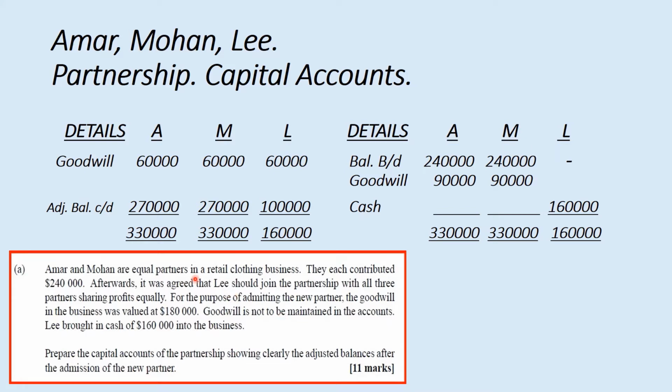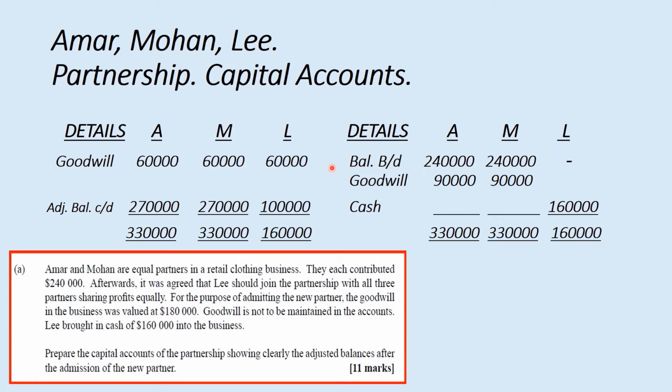Okay, now this here is the partnership account. I've done it already. I'll go through it with you bit by bit. Amar, Mohan, Lee partnership capital account. This side here is the debit side, and this side here is the credit side.